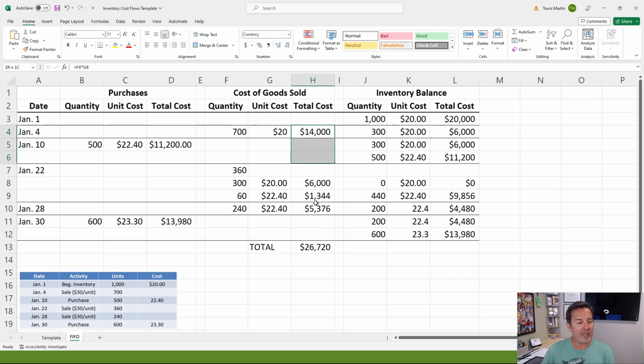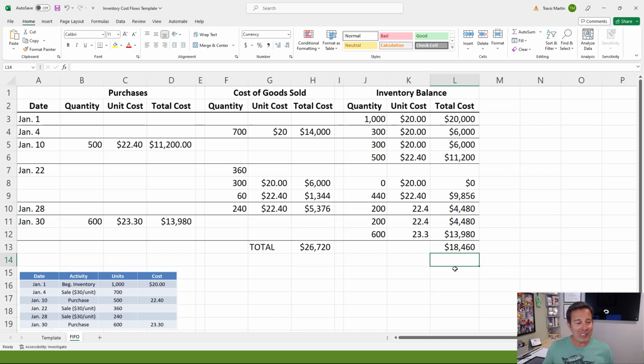So my total is going to be 26,720. That's my cost of goods sold. I come back over here, my ending inventory is simply these two layers right there. My layer of 200, my layer of 600. So that's it. That's how we use FIFO to calculate cost of goods sold and ending inventory.